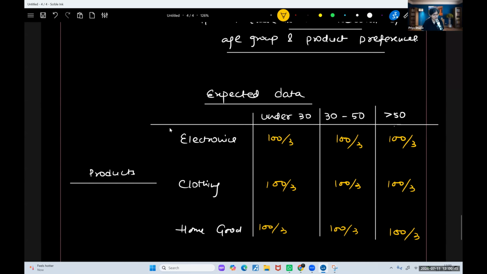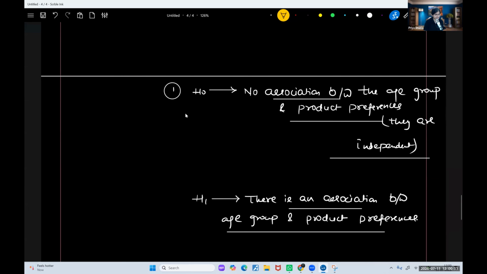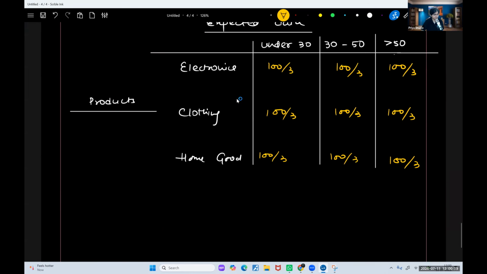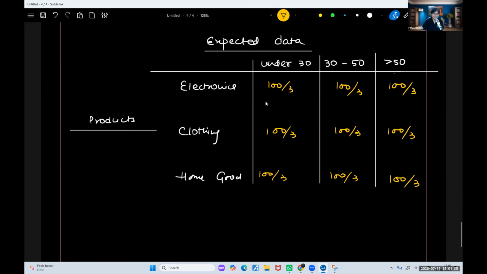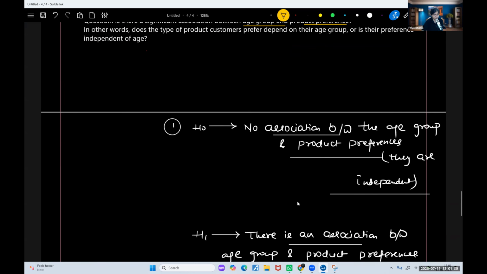Is this something which is all right? यही तो हमने बोला. यही तो इनका बिलीफ था. There is no association between the age group and product preferences. Means they are independent. Independent कब होंगे? जब तीनों की वैल्यूज इवनली स्प्रेड होंगी, इवनली डिस्ट्रीब्यूटेड होंगी. अब हो सकता है कि ऐसा ना हो, कि देयर इज एन एसोसिएशन, हो सकता है देयर इज नो एसोसिएशन.